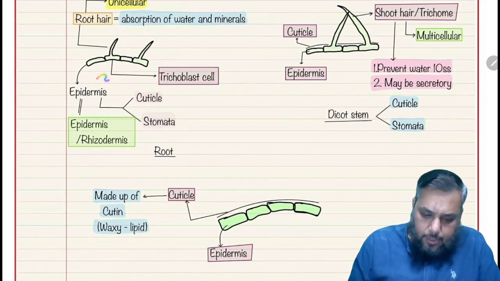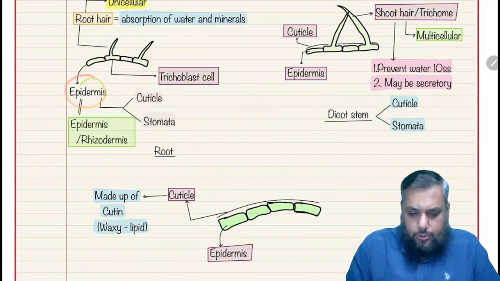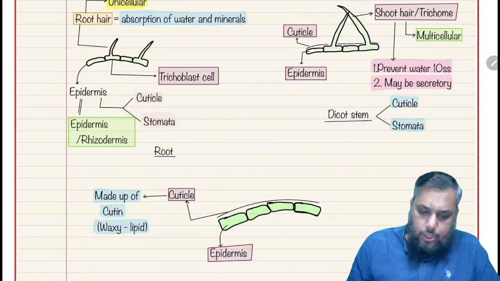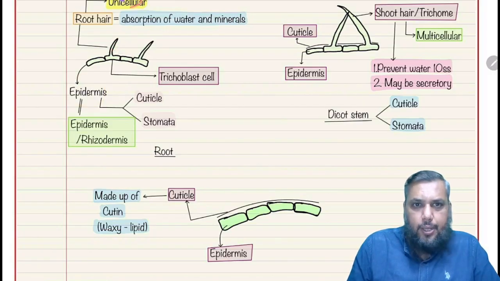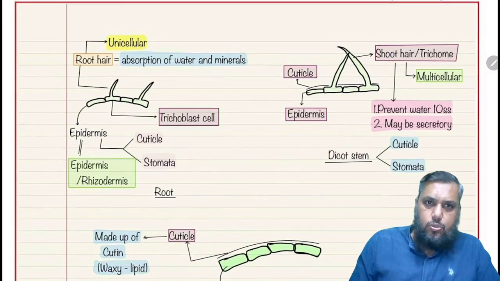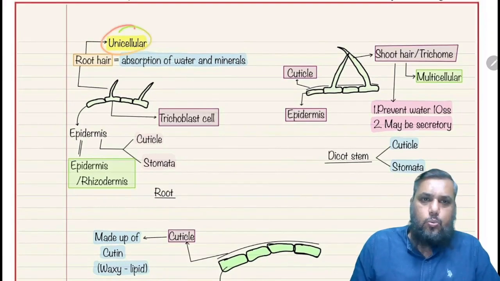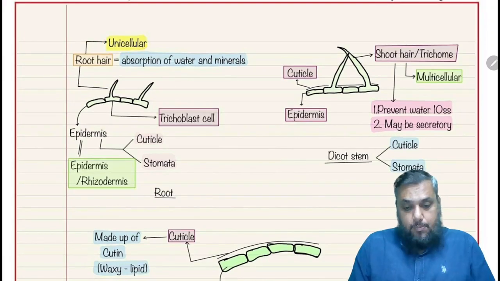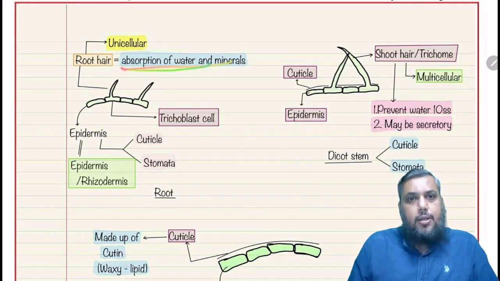So this is the epidermis of the root, and it shows the presence of a unicellular root hair, which helps in the absorption of water and minerals.